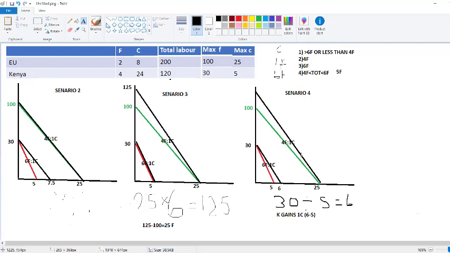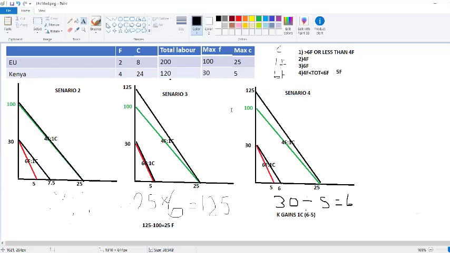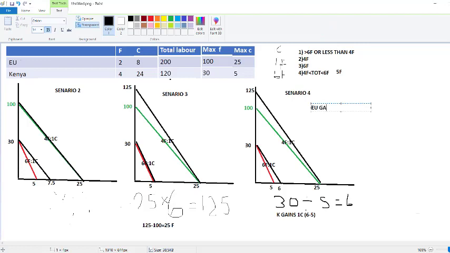Now, instead of trading at the autarky price, you are exposed to the world price. The world price is 5 food, so every carbon can be traded for 5 food. So it's 25 times 5, which is 125. What is the gain for the EU? The gain for the EU is 25 food, which is 125 minus 100.